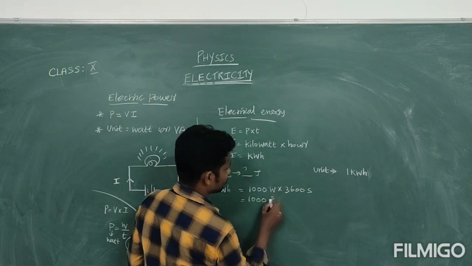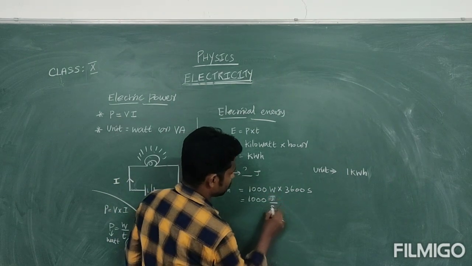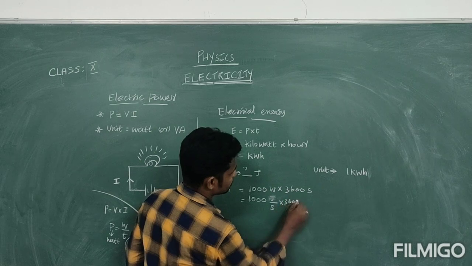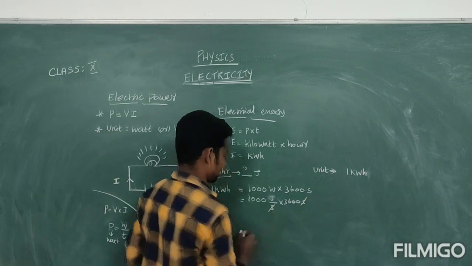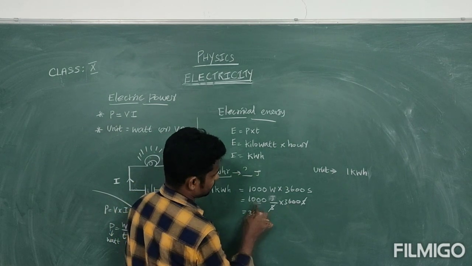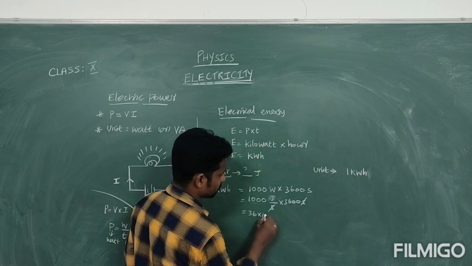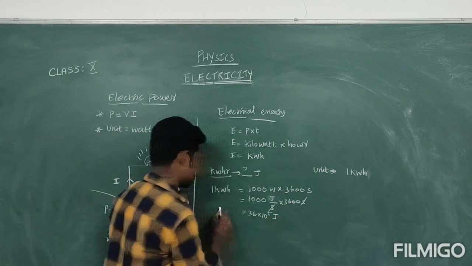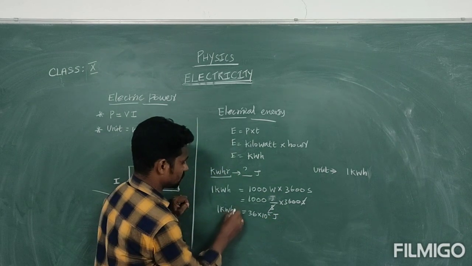So watt is joule per second, into 3600 seconds. The second will be cancelled. So I can write 36 into 10 power 5 joule. This is known as 1 kilowatt hour.